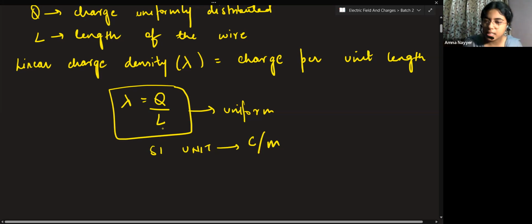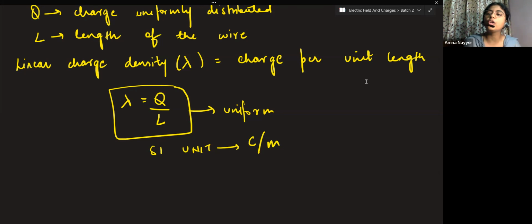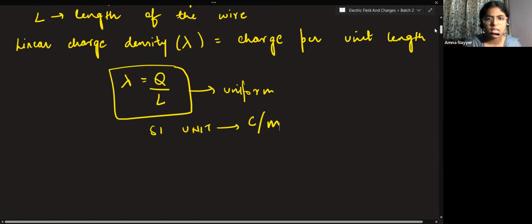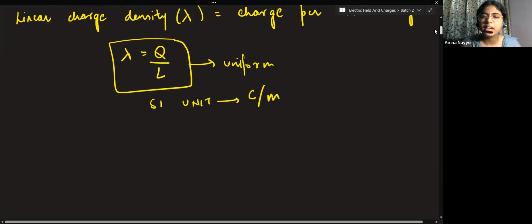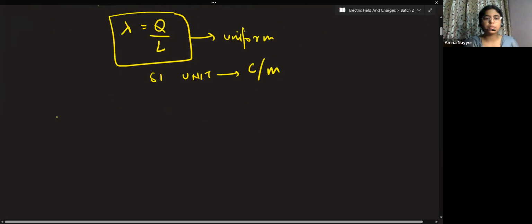Now, in case you have non-uniformly distributed charge: if it is uniformly distributed, you can calculate using this formula. If it is non-uniformly distributed, then you can take a very small segment in the wire, let's say dl. So lambda will be given by differentiation, dq over dl.